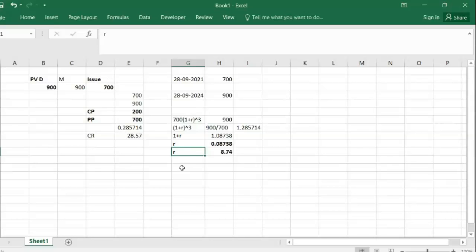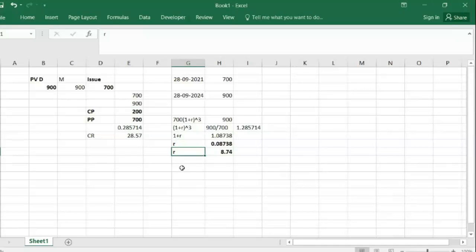Hence 1 plus r to the power 3 is equal to 900 divided by 700. It gives the value of 1.2857. After that, with 1 plus r to the power 3, if I transfer the power to the right hand side, it becomes 1 divided by 3, the cube root.